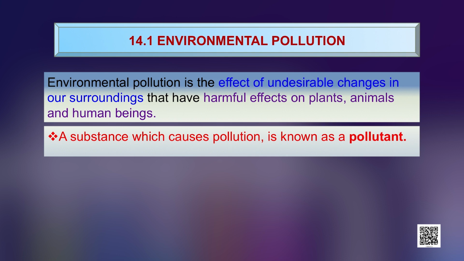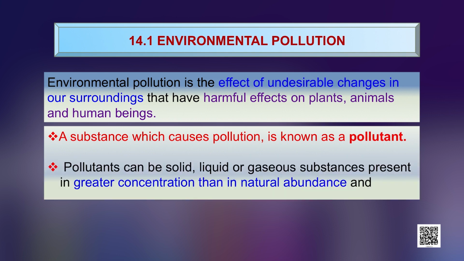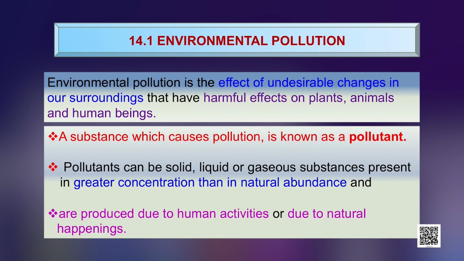A substance which causes pollution is known as a pollutant. The pollutants can be solid, liquid or gaseous substances present in greater concentration than in natural abundance and are produced due to human activities or due to natural happenings.